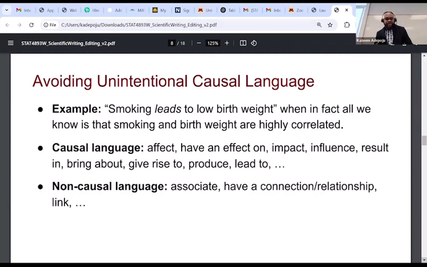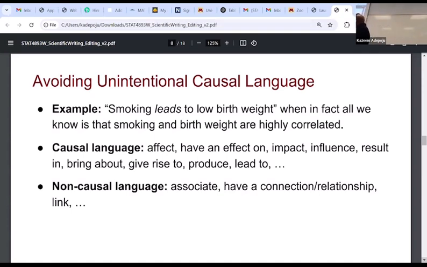If you take a look at the example, smoking leads to low birth weight, when in fact all we know is that smoking and birth weight are highly correlated. Let me tell you this: association does not imply causation. The fact that two variables are connected or related does not mean that one causes the other. That is what we mean right here.